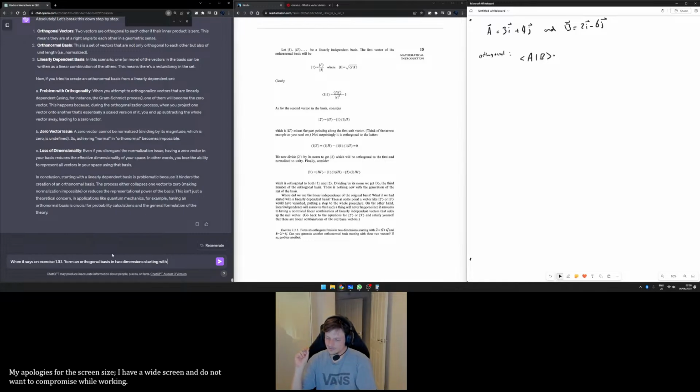Vector A is equal to 3i plus 4j. Vector B is equal to 2i minus 6j. Are we saying here that the scaling of these and being able to add them together, equaling a new vector, makes them a basis?